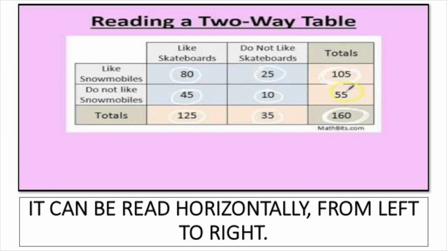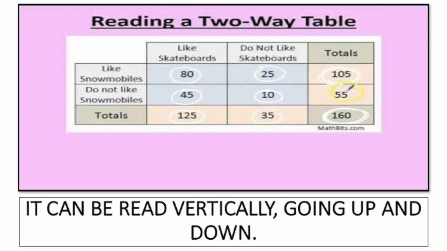Yes, so you can see the information going this way relates to the snowmobiles. Or it can be read vertically, going up and down. So if we take the table vertically, we can see that it's about like skateboards or do not like skateboards.